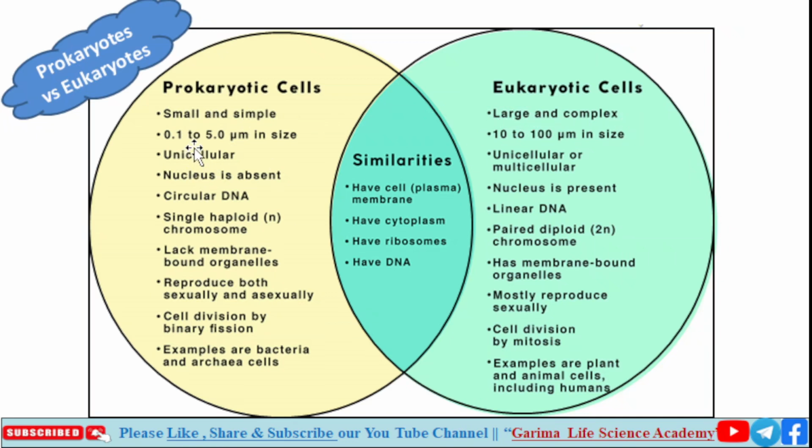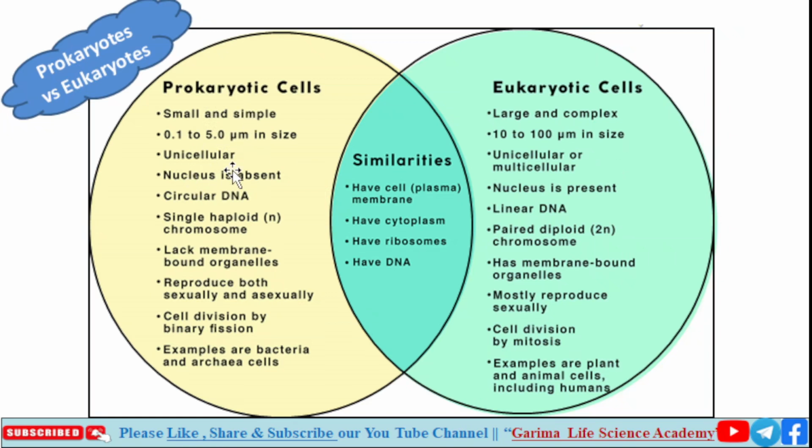Prokaryotic cell is 0.1 to 5 micrometer in size, but eukaryotes are 10 to 100 micrometer in size. Prokaryotic cells are always unicellular, but eukaryotes may be unicellular or multicellular.